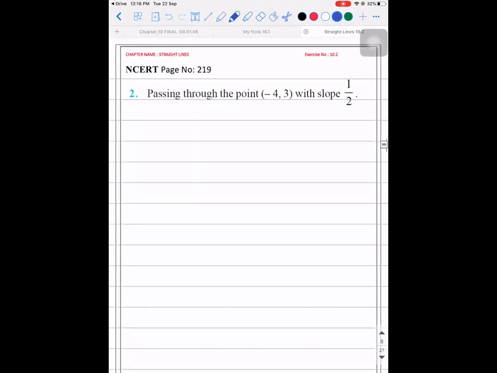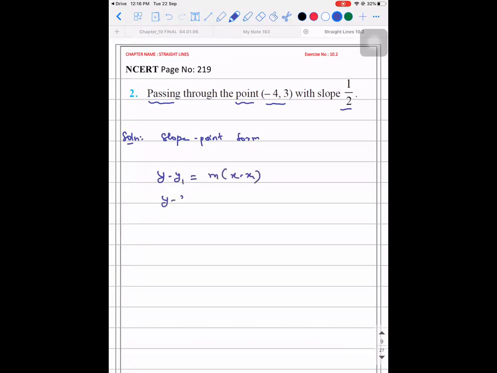Next. Write the equation of the line passing through the point -4, 3 with slope half. So what form is this? Slope point form. So the equation will be y minus y1 is equal to m into x minus x1.